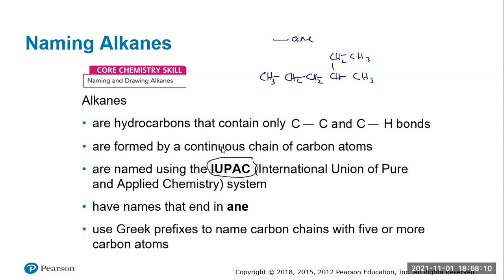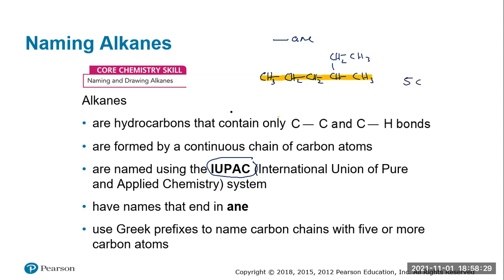What that means is you can start at one end and go the other way. The only thing you can't do is back up. So if I went straight across, that's 1 carbon, 2, 3, 4, 5 carbons. So that is 5 carbons in a row.